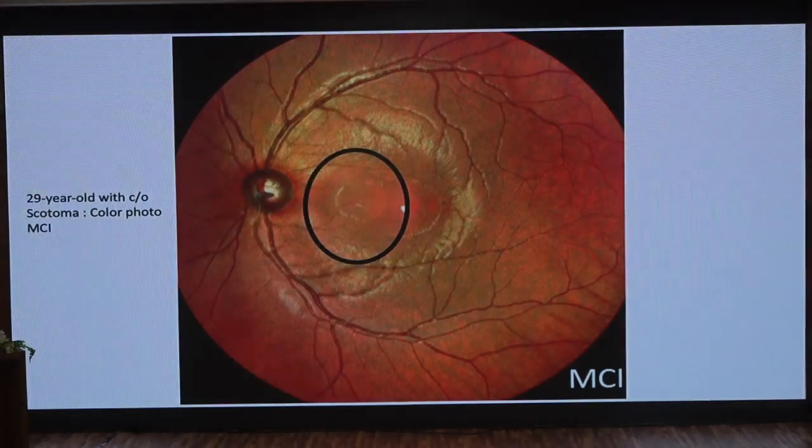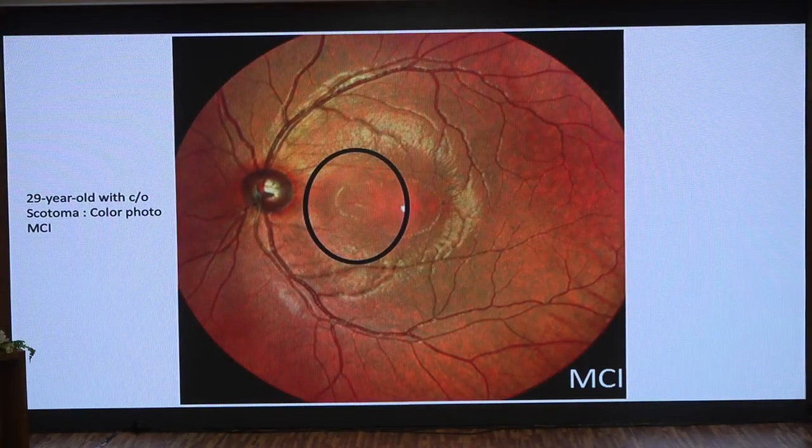Now this is a 29-year-old case of scotoma. Color photo is done, which is a pseudo color imaging. This is called multicolor imaging, which is available on Heidelberg. And most of the institutes now that have Heidelberg do not have a true color picture. And when you start sending for opinion on WhatsApp, you may end up showing this picture to your colleague.